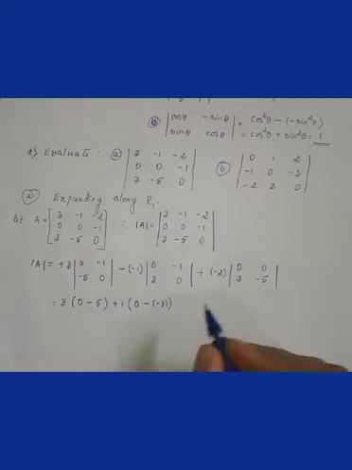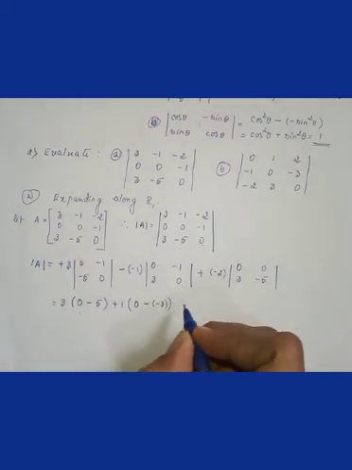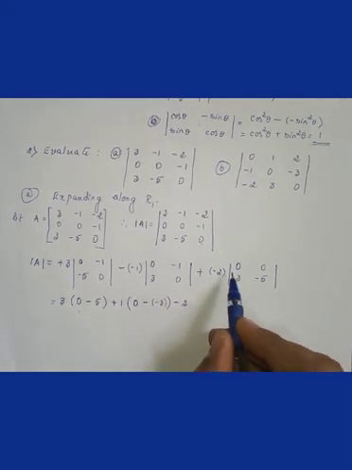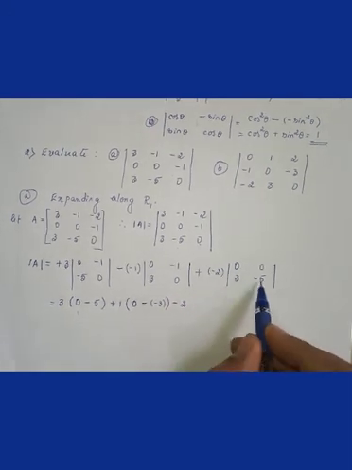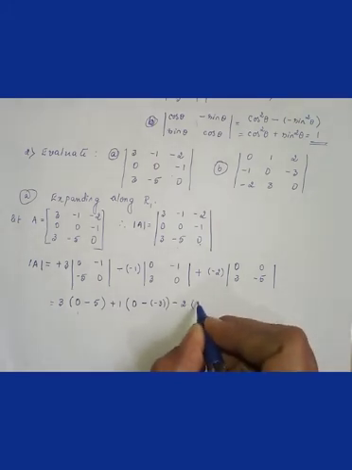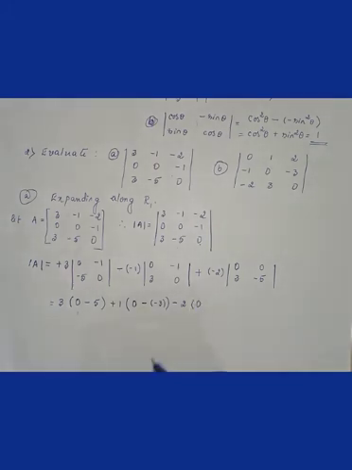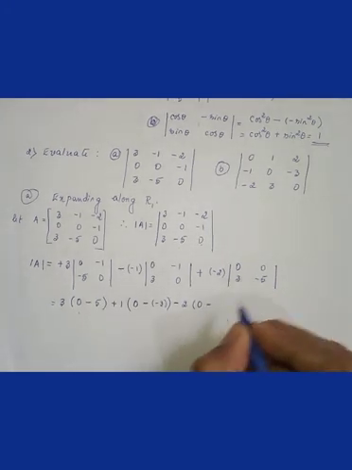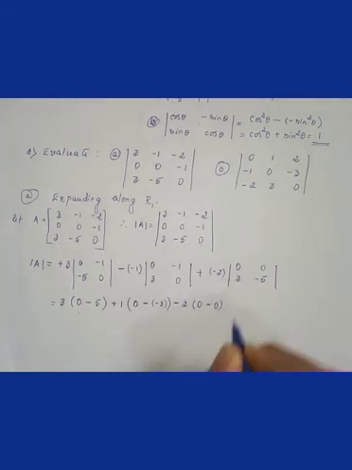Now the last one, minus 2 into, multiply the diagonal entries, 0 into minus 5 is 0. You know that any number multiplied by 0 is 0. Minus 3 into 0 is 0.